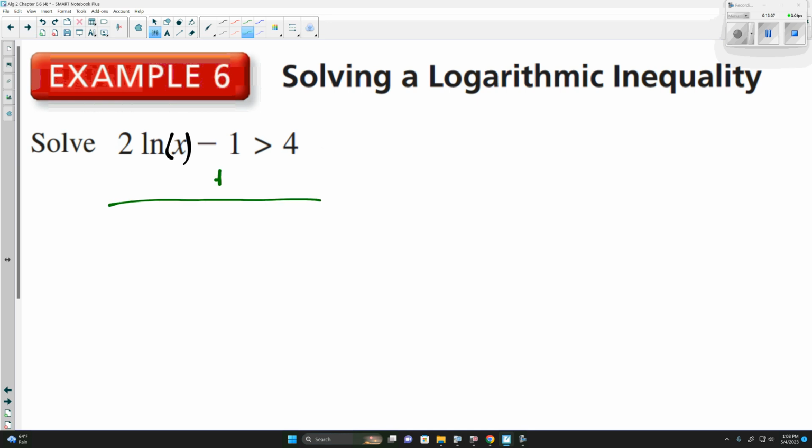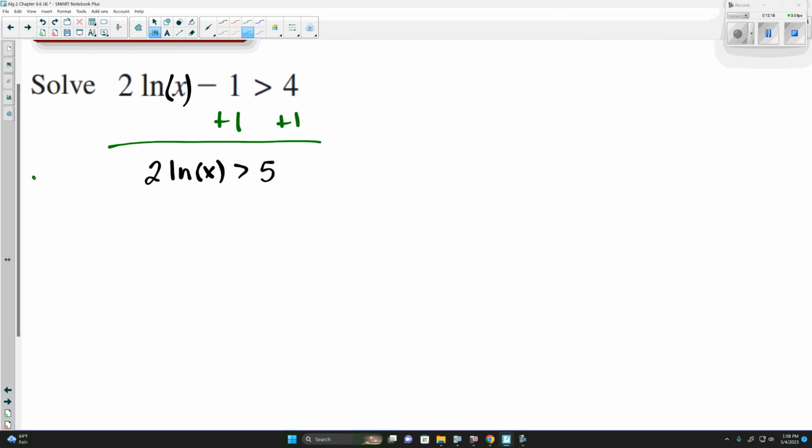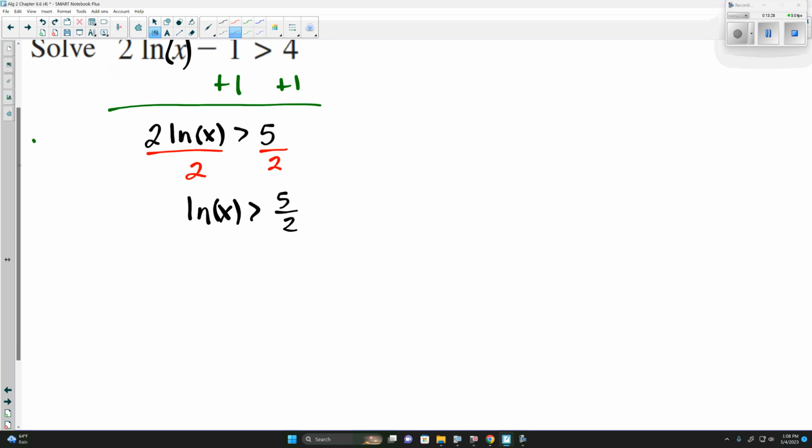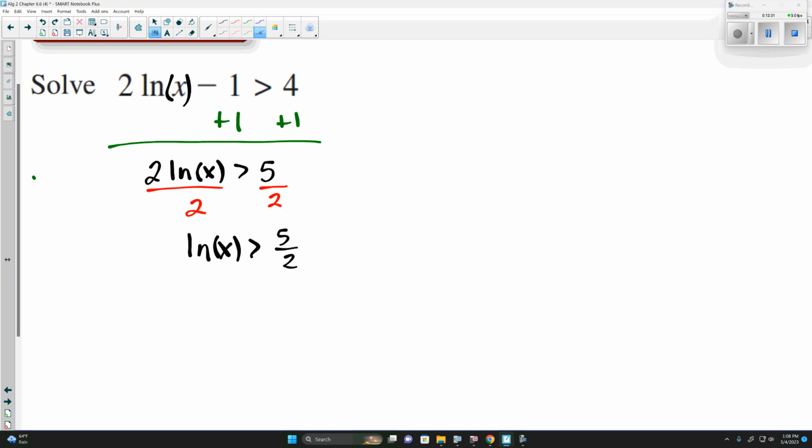Yes, we can add 1. Telling us 2 ln of x is greater than 5. Divide by 2. Telling us that the natural log of x is greater than 5 halves. Now what do we do?